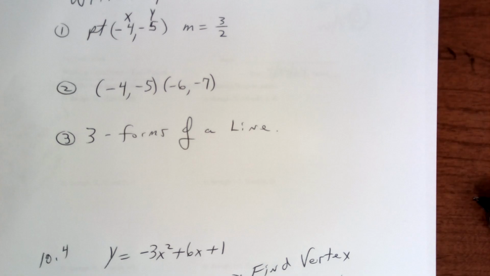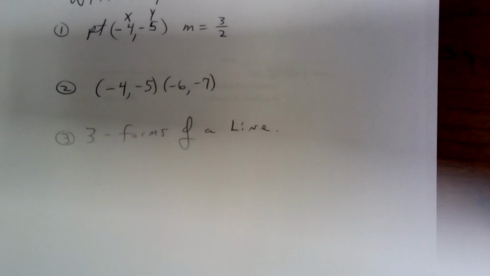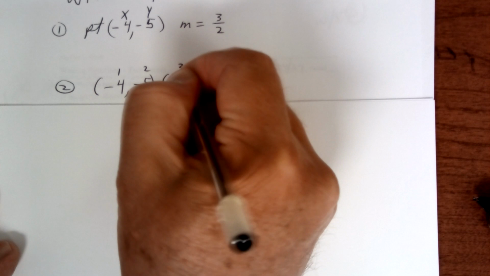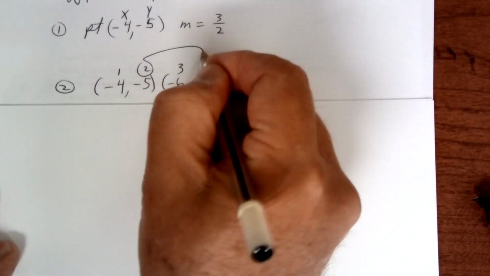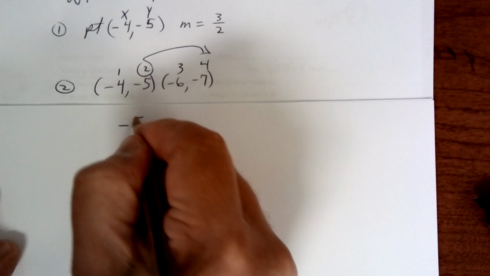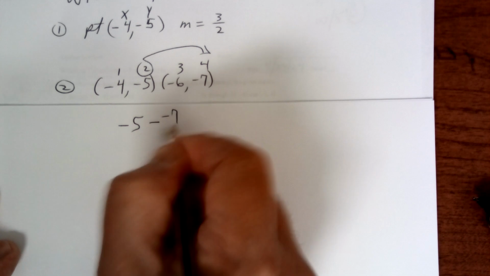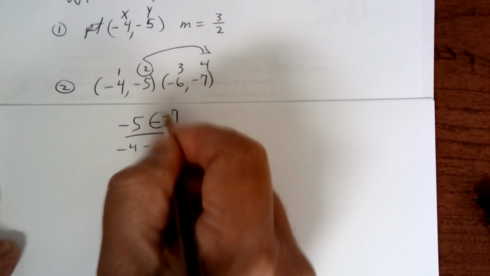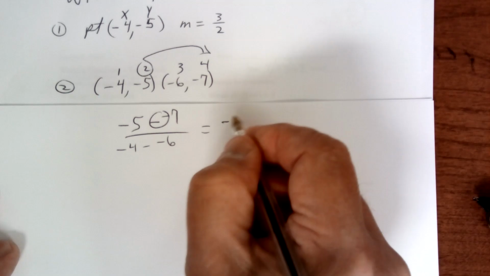This one right here, I want you to work it the same way. So you got to do your slope, okay? So 1, 2, 3, 4. The second and fourth go at the top. So negative 5 minus a negative 7, and then negative 4 minus a negative 6. So this is slope, so it's negative 5 plus 7.